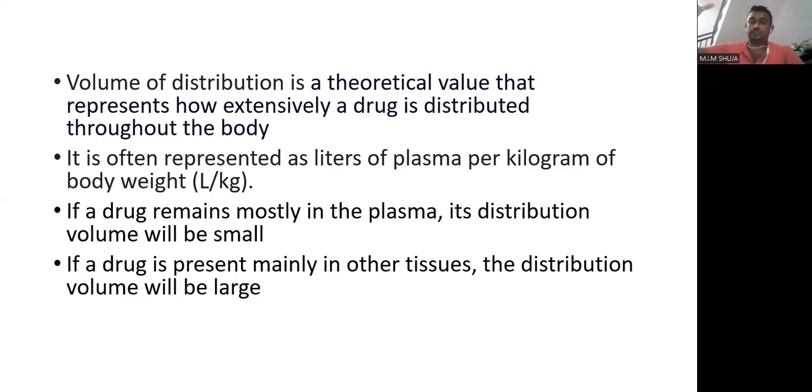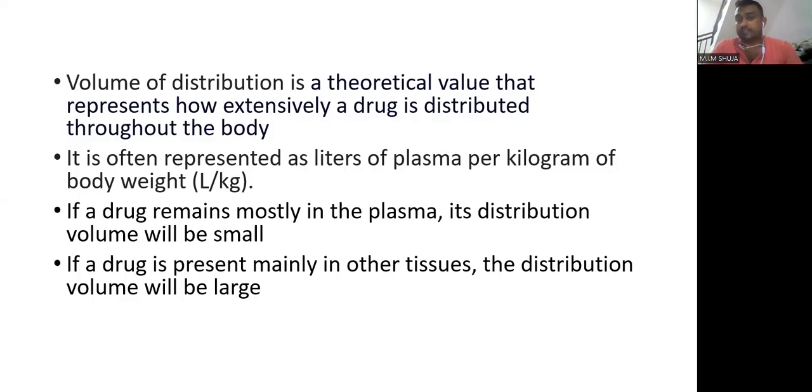High or large volume of distribution means the drug is distributed throughout the body. Low volume of distribution means the drug is confined within the blood vessels. In between, the other category will come.